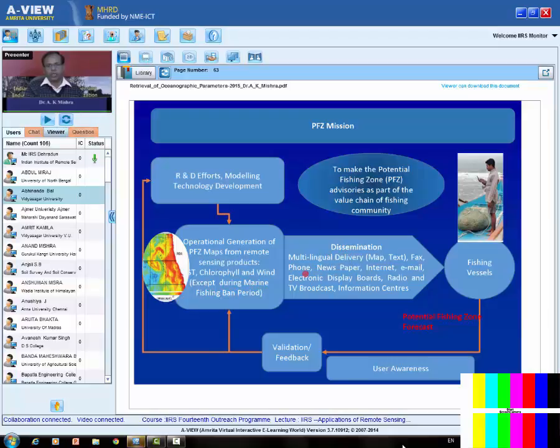And dissemination is in the process of multilingual delivery: map, text, fax, phone, newspaper, internet, email, electronic display boards, radio and TV broadcast, and information centers. And finally, this information reaches the fisherman, and the fisherman community, the cooperative societies, etc. They give feedback for the validation. So the user awareness program carries a lot of weightage here.